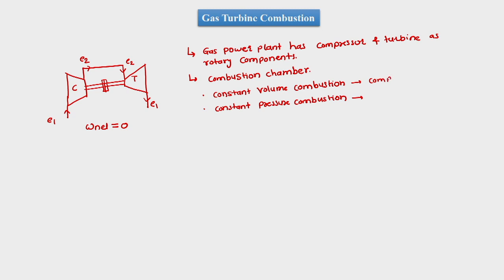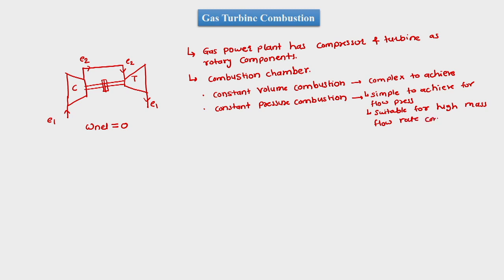Constant volume combustion is complex to achieve, while constant pressure combustion is simple to achieve for a flow process, and it is suitable for high mass flow rate conditions.